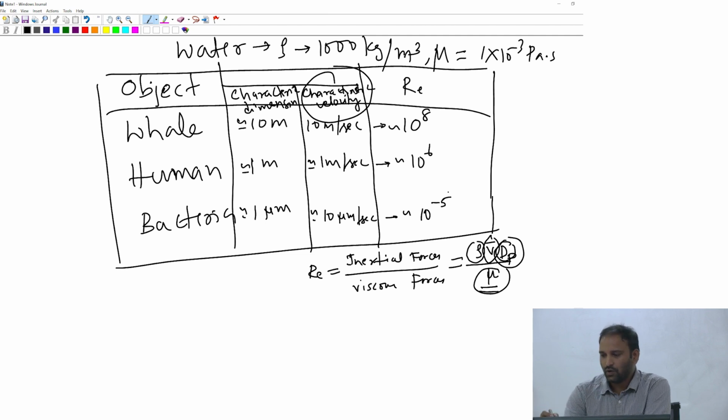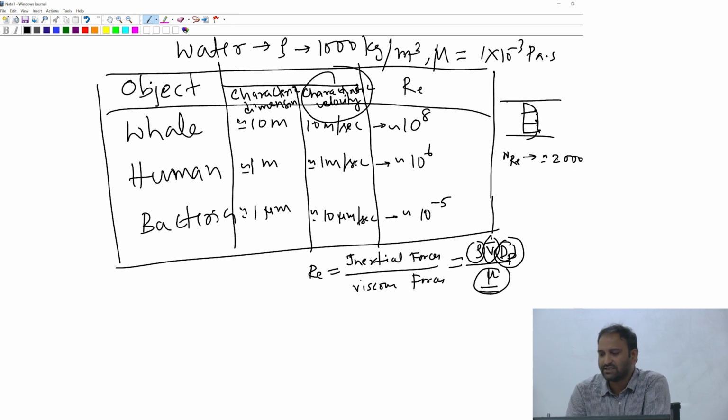And when you talk about flow through a pipe, if you have fully developed flow, your parabolic profile and all that, what is your Reynolds number for laminar flow conditions? It is approximately about 2000.